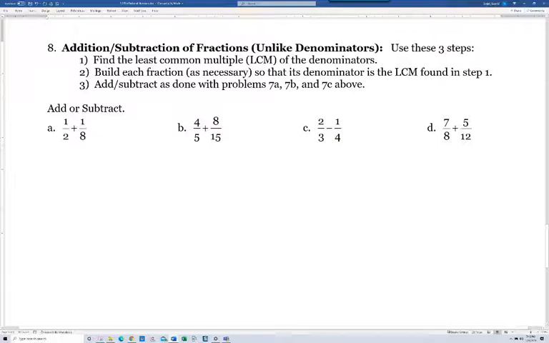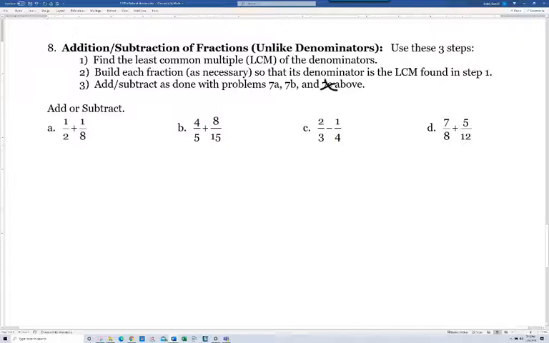Number 2, build each fraction as necessary so that its denominator is the LCM found in step 1. And finally, number 3, add or subtract, as done with problems 7a, b, and c above. I think there was just 2 that we did, so you can throw out the 7c. But that's where we added fractions that had a common denominator.